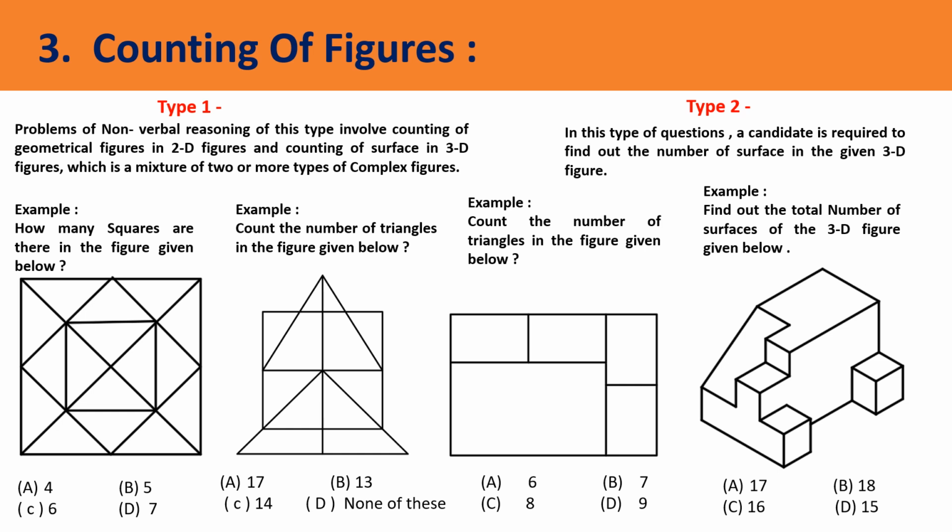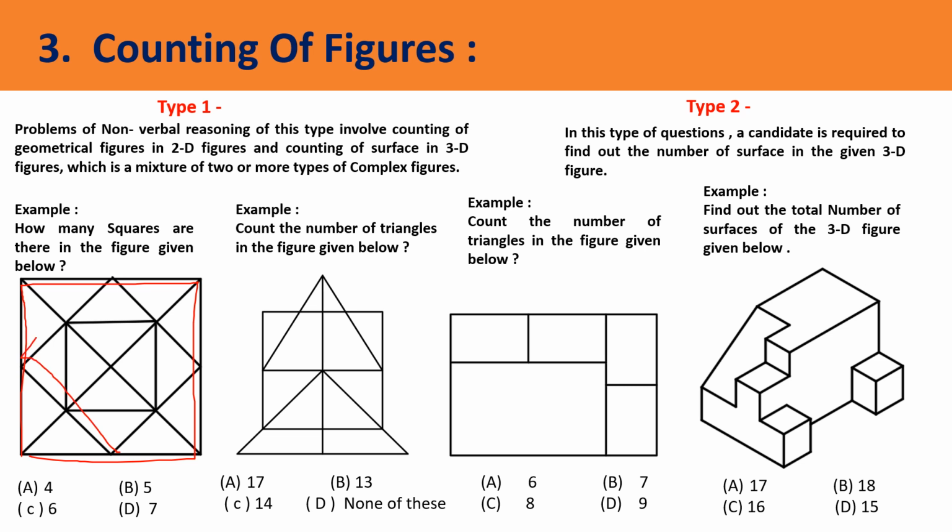How many squares are there in the figure given below? So we have to calculate the squares. Starting with the squares, you have to give numbers. When you give numbers to certain figures, it will be easier to understand how many squares there are. Count the squares. This is your 1, right?